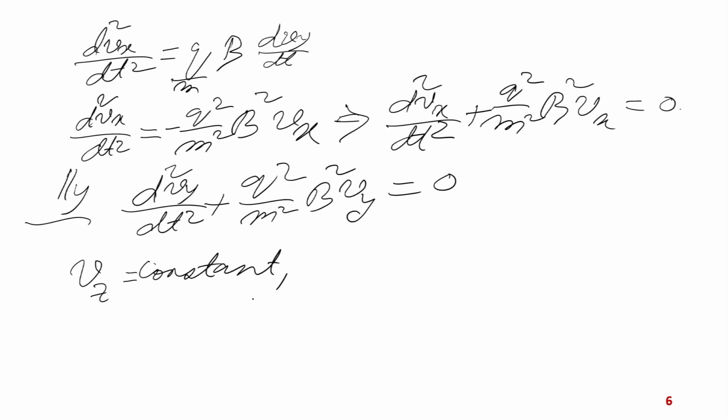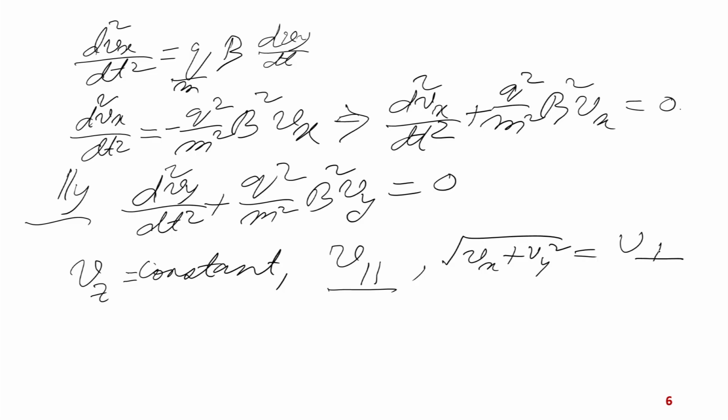So, what is V z here? V z is the component parallel to the magnetic field, and V x square plus V y square is the perpendicular component to the magnetic field. Okay. So, now let us see what these two equations are.